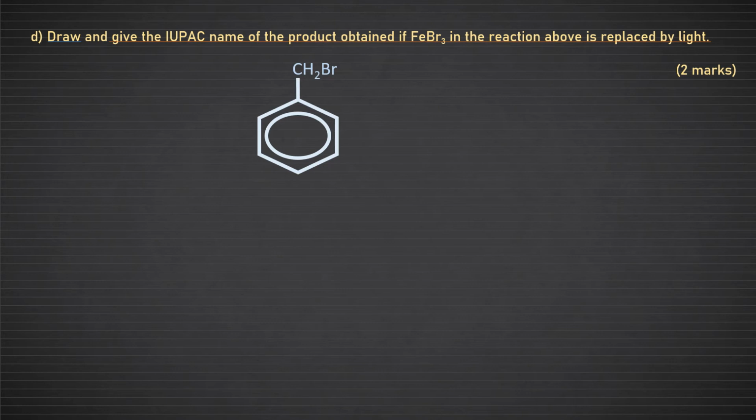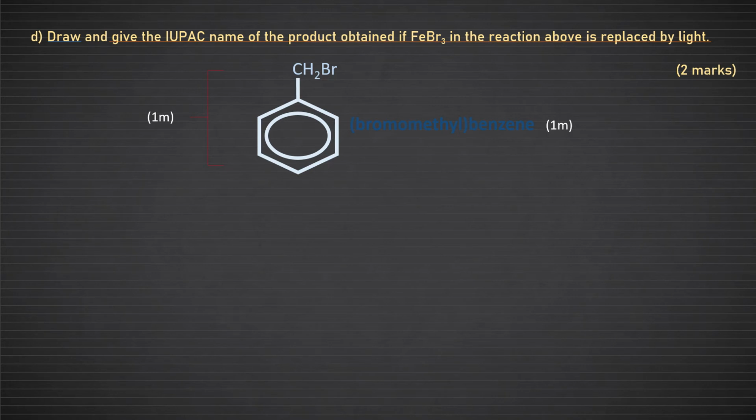So the IUPAC name of the product obtained will be bromomethylbenzene. The first mark will be given when the structure is drawn correctly, and the second mark for the correct IUPAC name of the product obtained.